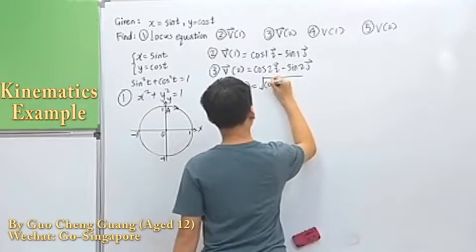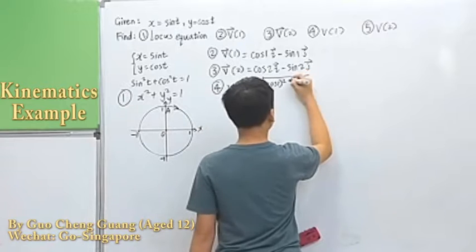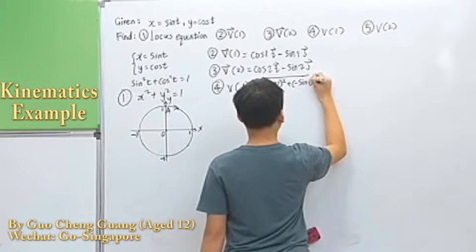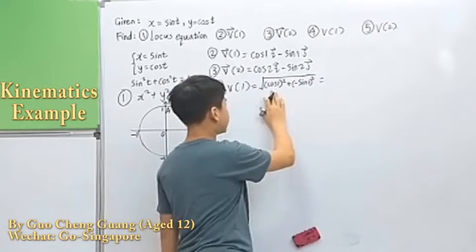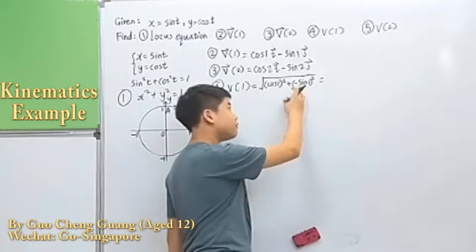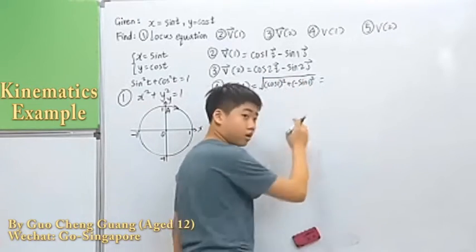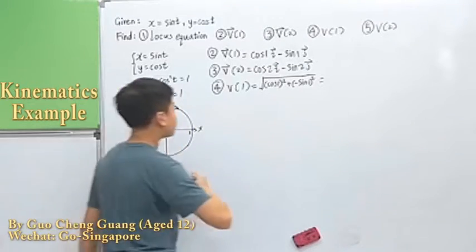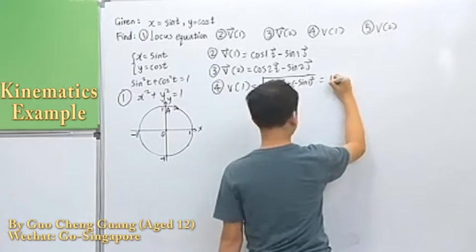So we get here cosine 1, then you square it. Then after that, you add negative sine 1, then you square it. What do you get here? So you have cosine square 1, oh wait, negative, of course, it becomes positive. So you add sine square 1. Wait, isn't it just something like this? Then you just get square root 1, so square root 1 is still 1.